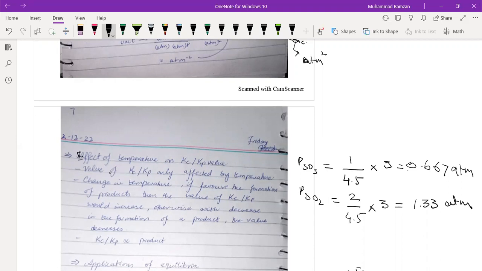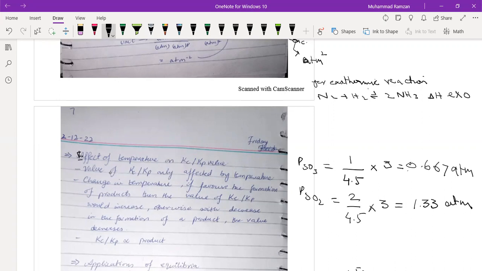Like for exothermic reactions, for example N2 plus H2 reversible to NH3, delta H is negative.